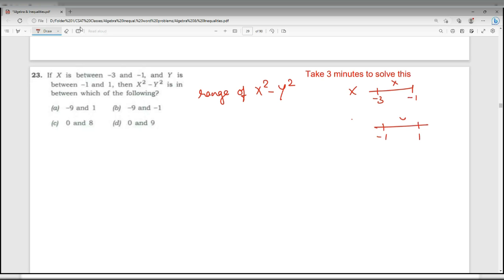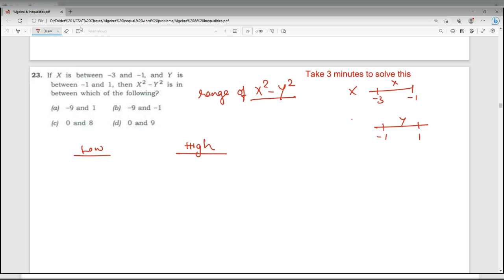The range means from the lowest value to the highest value.